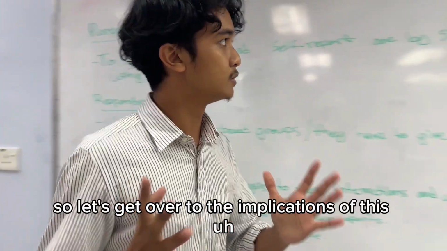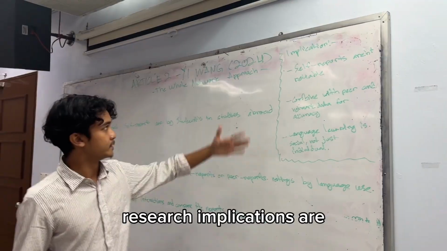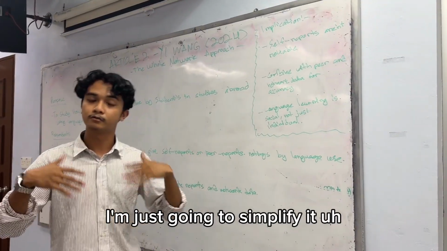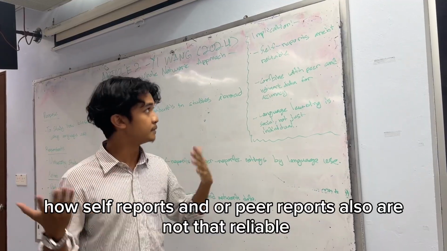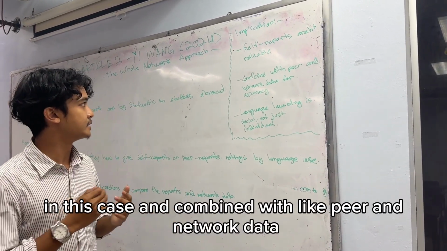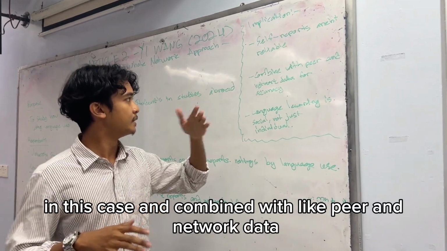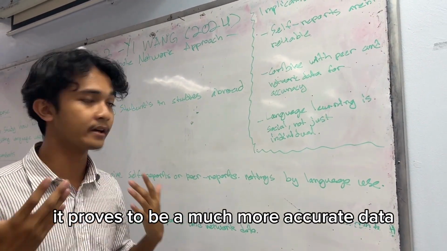So let's get over to the implications of this research. I'm just going to simplify it: self-reports and peer reports are not that reliable in this case, and combined with network data, it proves to be much more accurate.